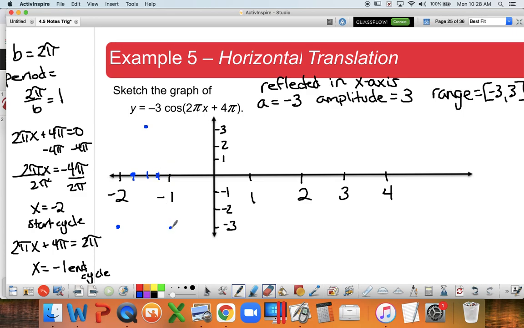And then for a cosine, I end where I start. And then I may want to keep repeating that. One too many. You can draw as many of these as you need to get the gist of it.